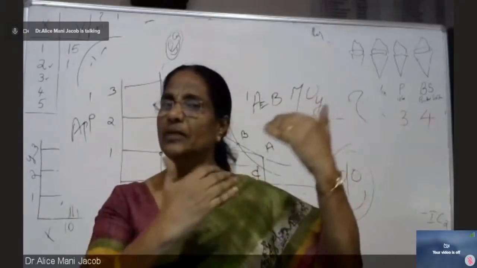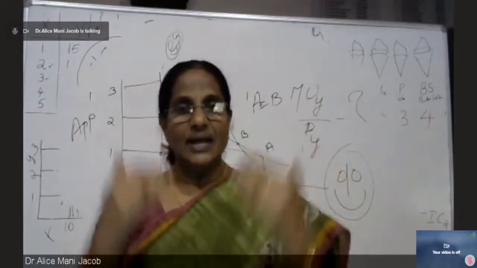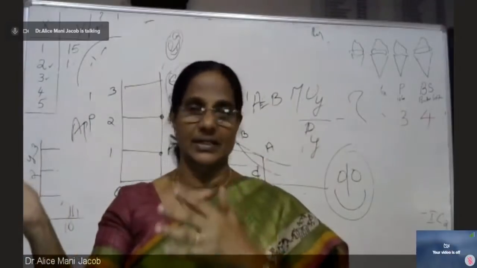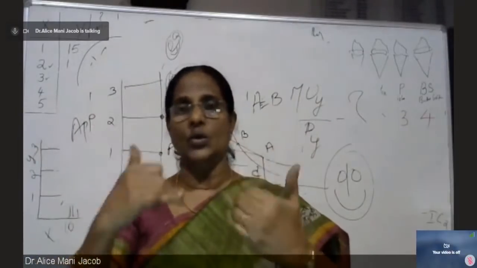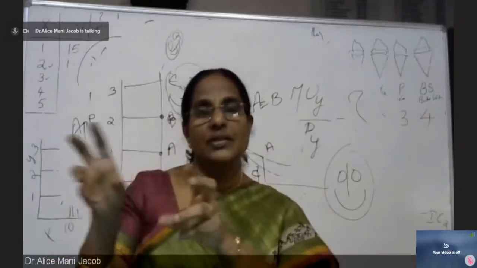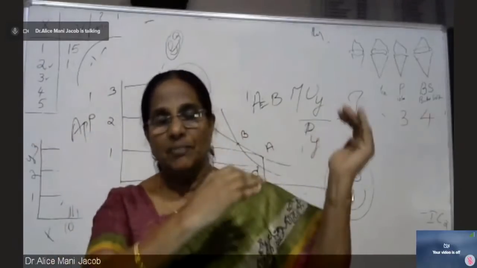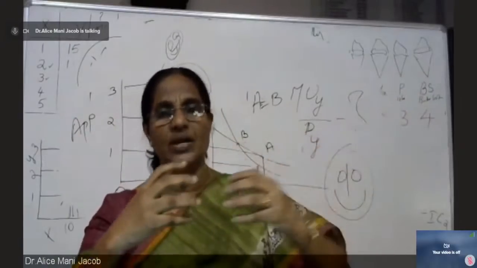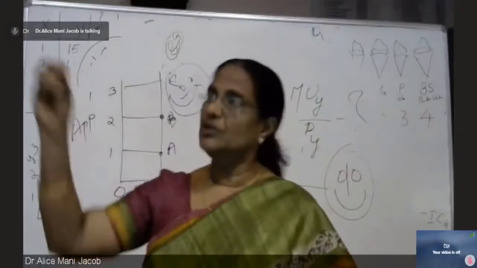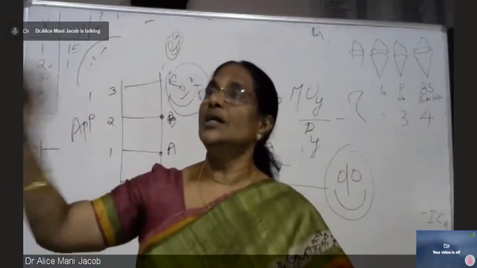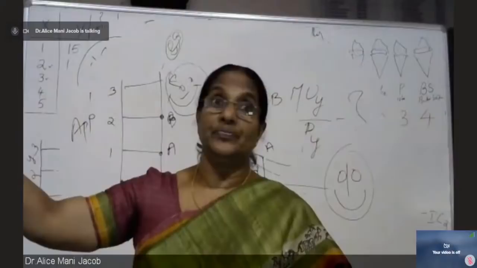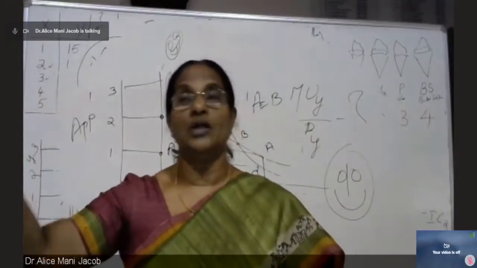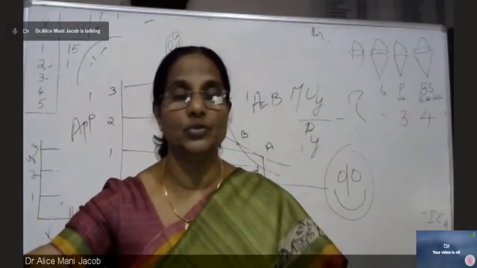Because they know from their past experience how much of rotis or bread or aloo or whatever it is they have to make. So all the past data we are using to project, did you get the word? To foresee, to predict, to estimate what will be the demand in future.